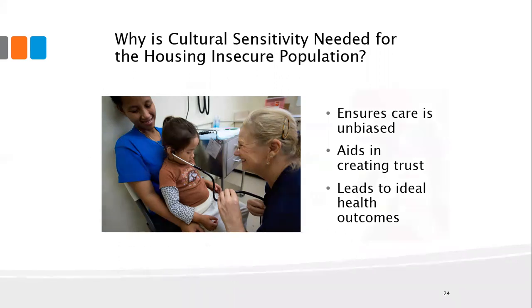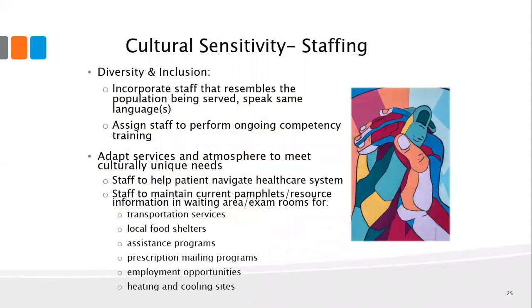Next slide, please. For cultural sensitivity, we'll start with the staffing, diversity and inclusion. To have staff that resembles that population that you're serving can help break down tension by just having them see a familiar face.